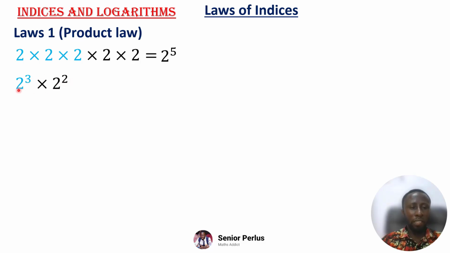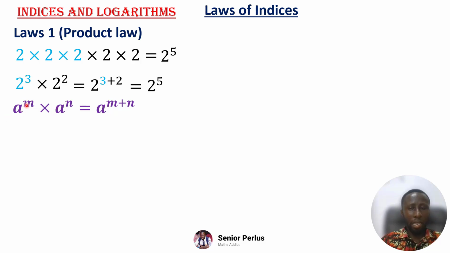Since the bases are the same for the multiplication, we just maintain the base, then we add the powers. Therefore, you see the same thing. From this idea, we develop the formula: a to the power m times a to the power n is a to the power m plus n.